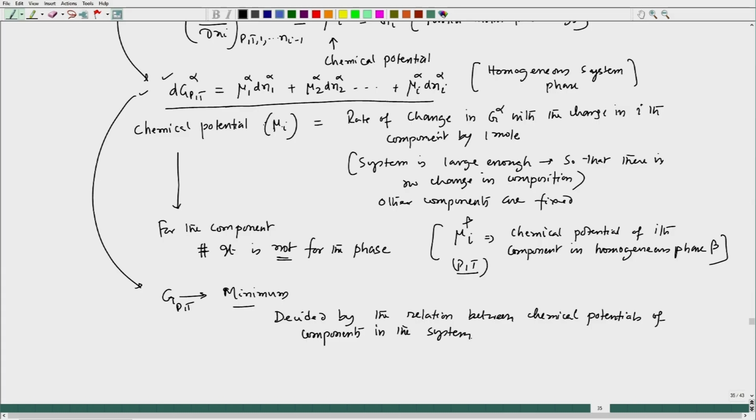And while doing that, since we are talking about chemical potential, we have to bring in multiphase.